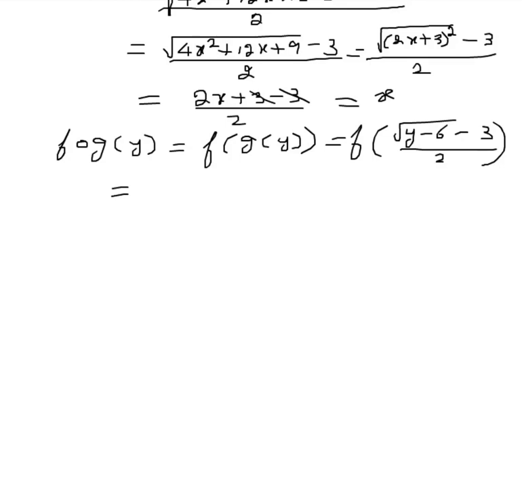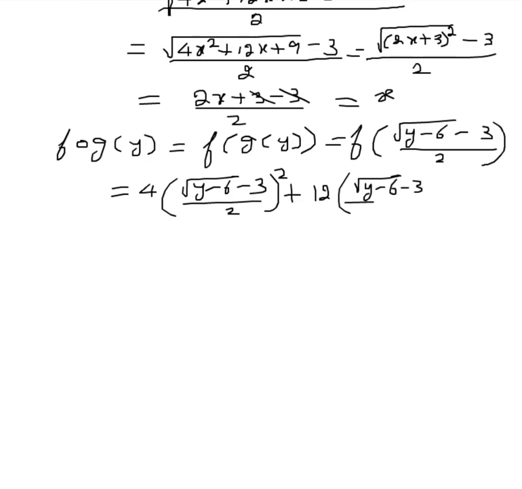The f function is 4x squared plus 12x plus 15, and our x is this now. 4 times x square is this square, plus 12 times x. X is root of y minus 6 minus 3 by 2, and plus 15.